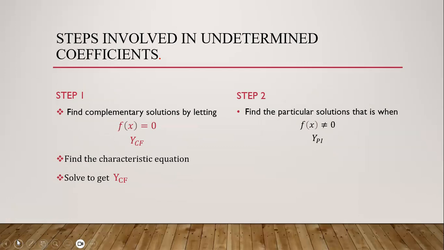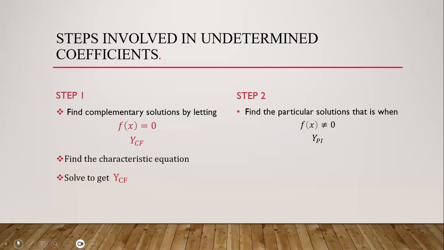First, we find the complementary solution, that is our YCF. We let our f of x be equal to 0. Once you let f of x equal 0, you find the characteristic equation, and then you solve your characteristic equation to get your YCF.